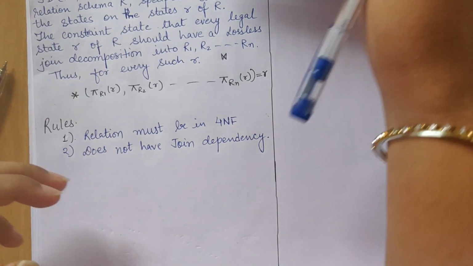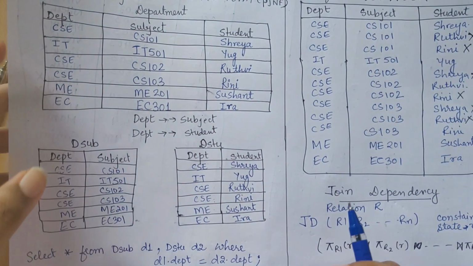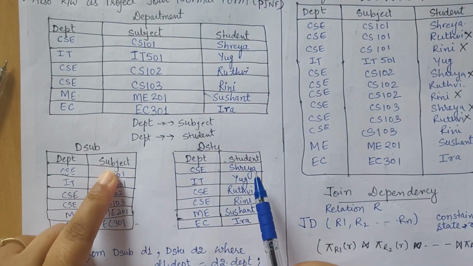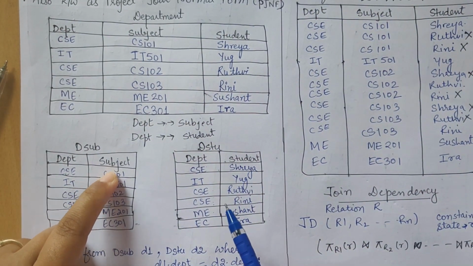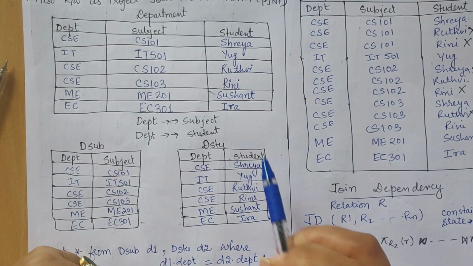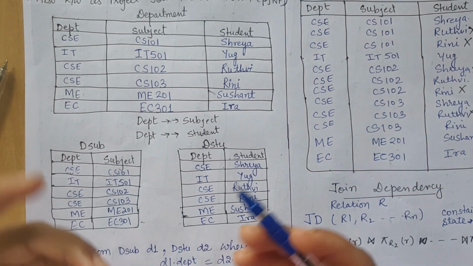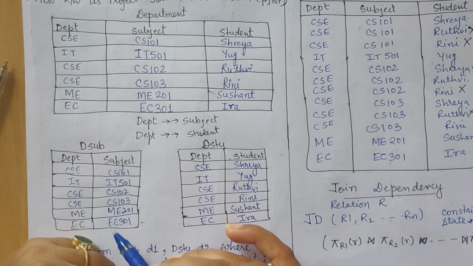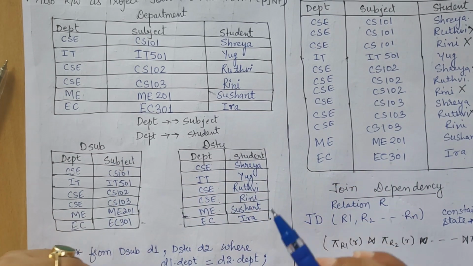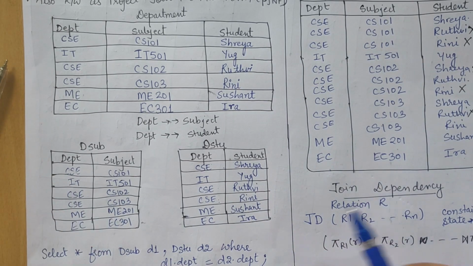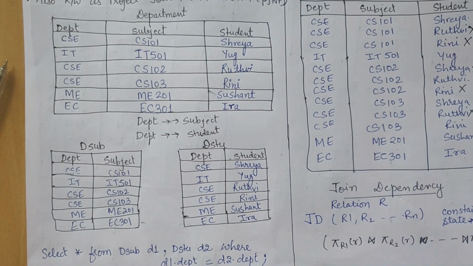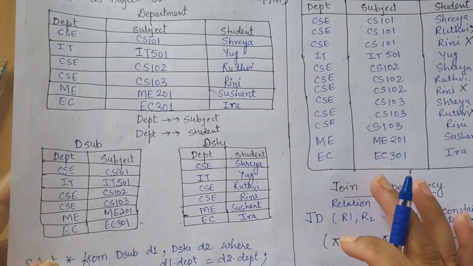So here, if you can see, the main problem is coming because subject and student are not independent of each other. If these two were independent of each other, we could have simply divided and there would be no issue. But here the subject and student are not independent. Because of this, all the joint dependency problems are coming.